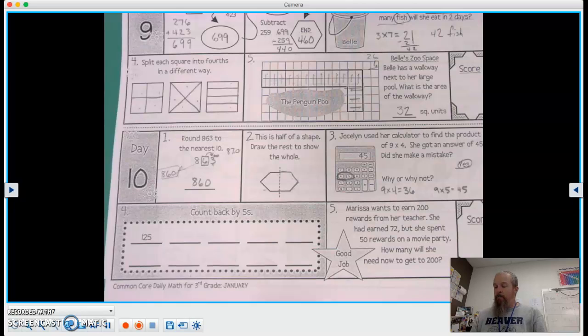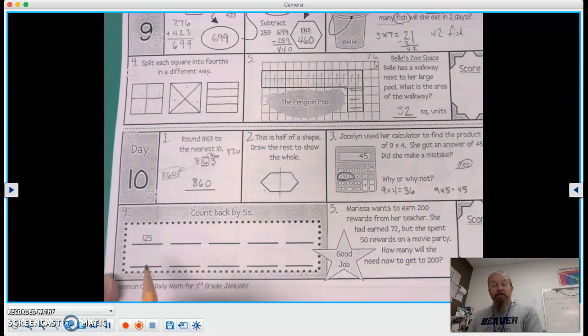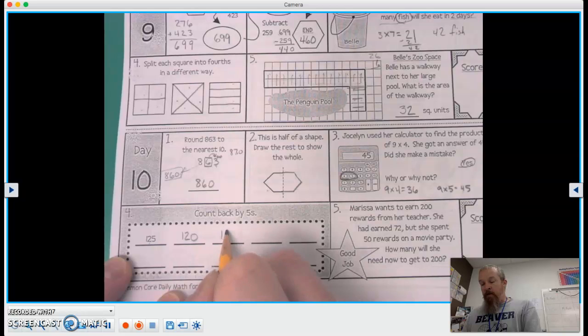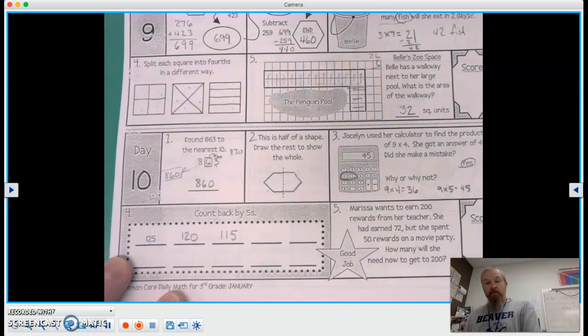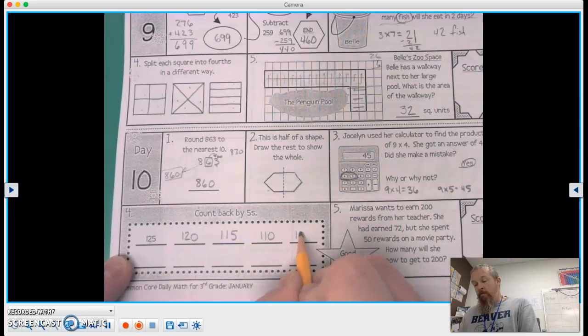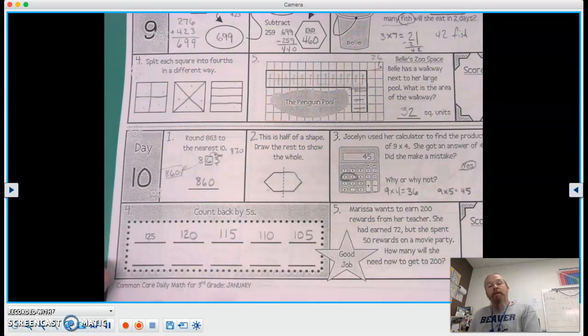Okay. Count back by 5s. So we're going to count down. So 125 minus 5 would be 120. And backwards by 5 is 115. Again, as we're going, we can keep going back by 5. You can look at our number line on the wall there and count back 5.